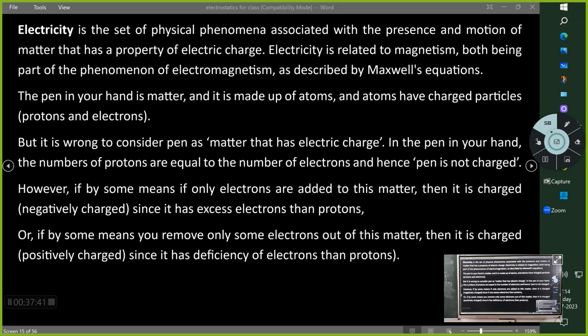Electricity is related to magnetism, both being part of the phenomena of electromagnetism, as I said. Magnetism and electricity go hand in hand. If there is some magnetism somewhere, it is only on account of charge moving. This bar magnet is a magnet because the electrons are moving. Electron is charged, and the electron is revolving.